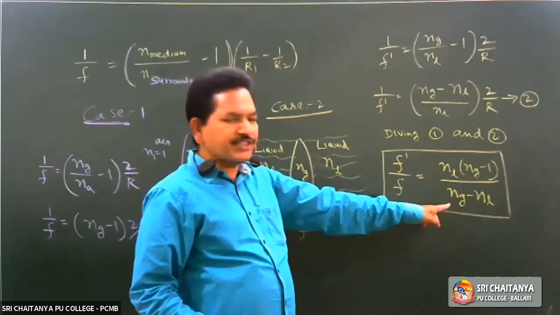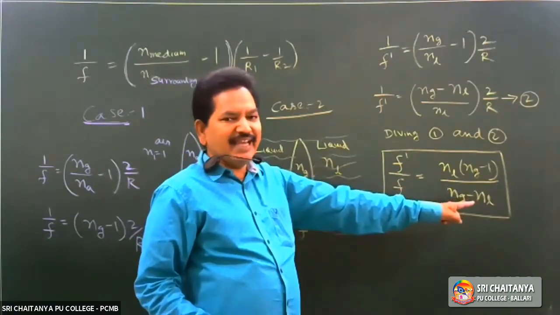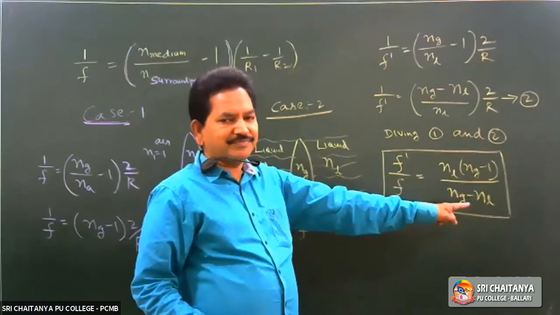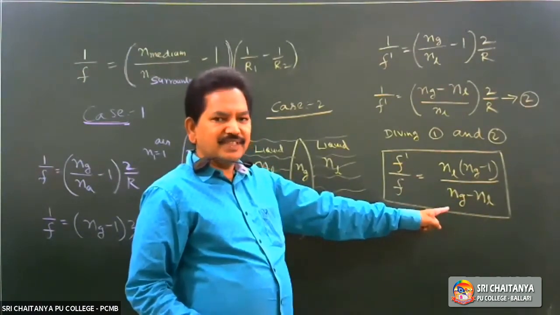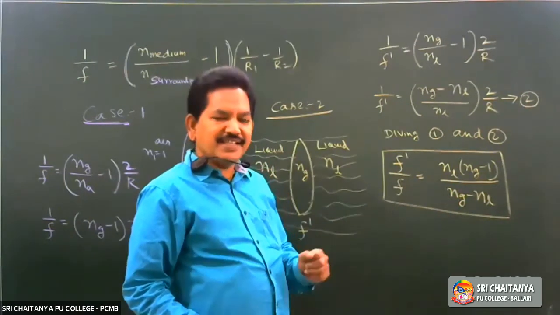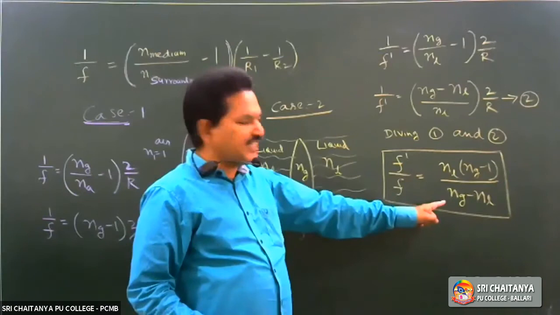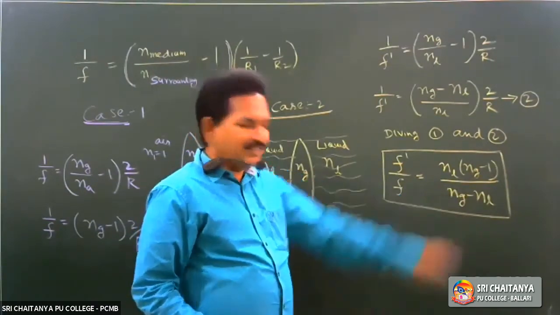When it is positive, Ng is greater than Nl. When it is negative, Ng is less than Nl. When it is equal to 0, Ng is equal to Nl.